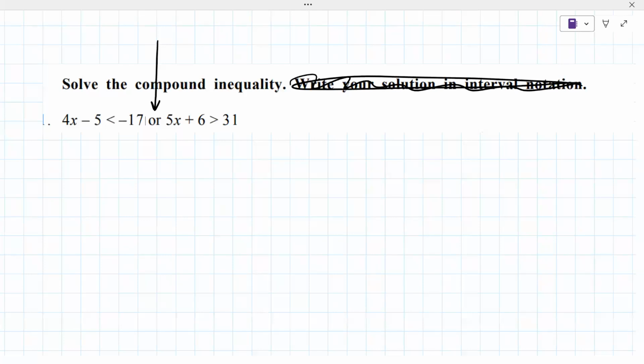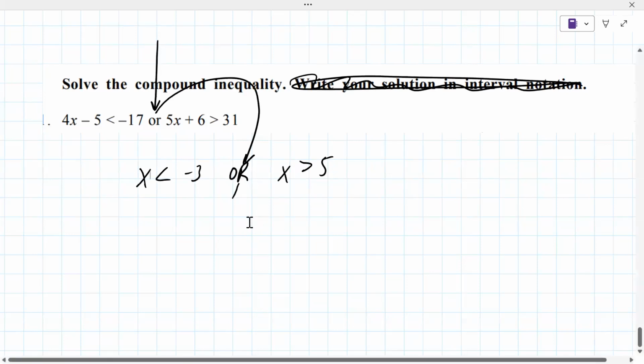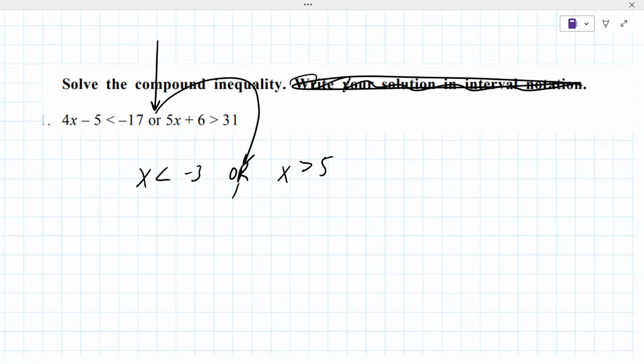That x is less than negative 3 and x is greater than 5. Like this. All right. You'd need the word or in there. That's important. So you would graph at -3 and 5 like that.